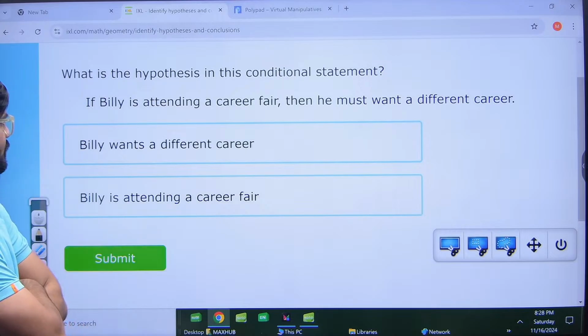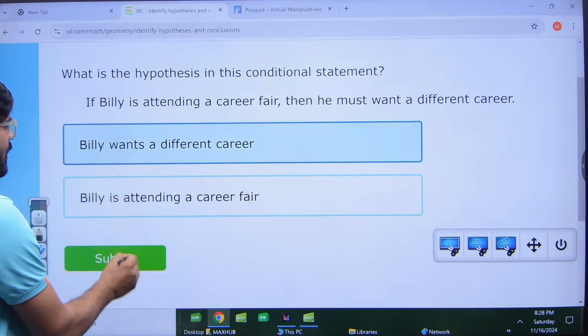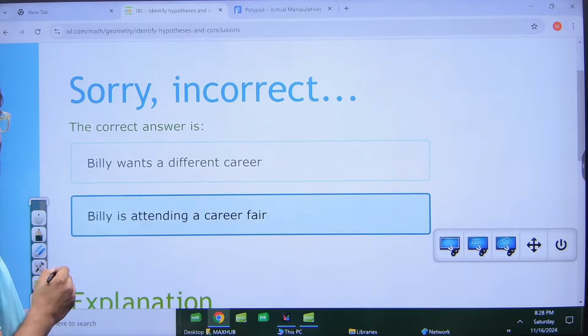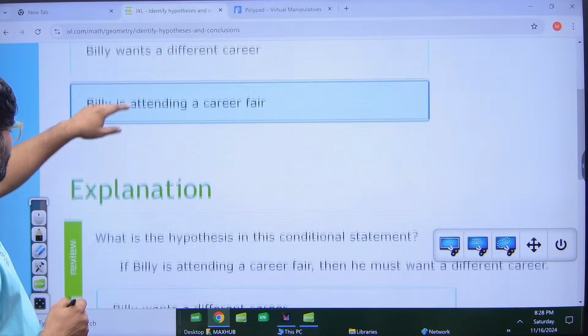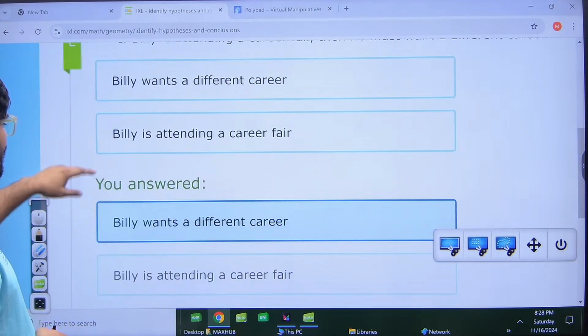The condition is if he's attending a career fair. So what is the hypothesis? He must want a different career. Are you getting it? Yes, sir. Hypothesis is always the if part, though.